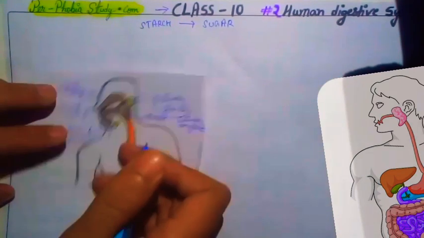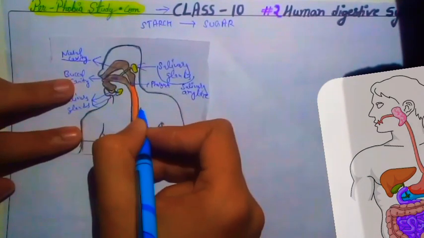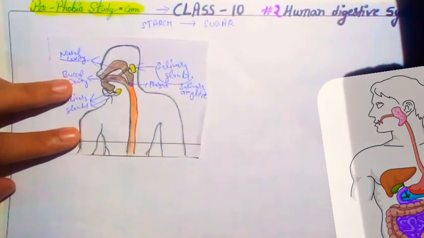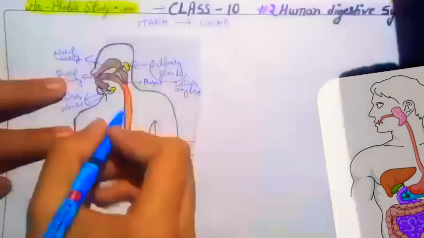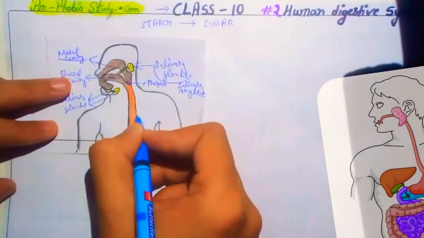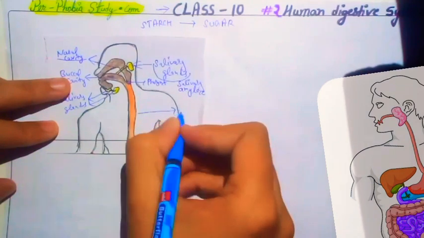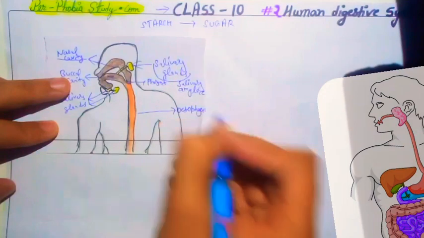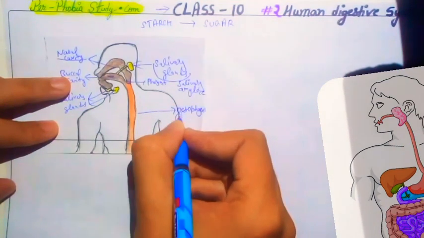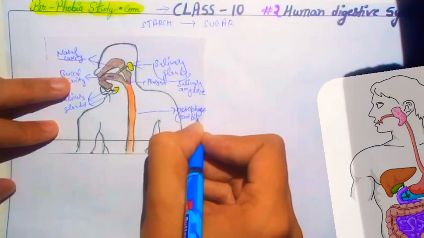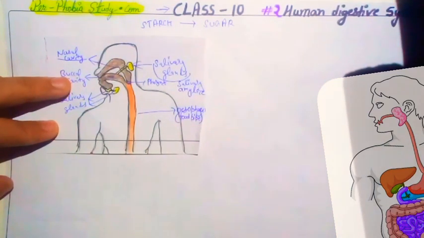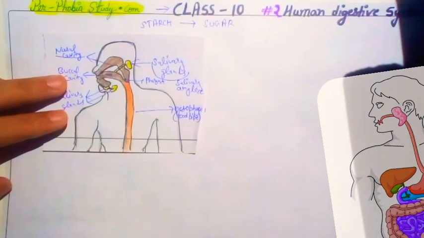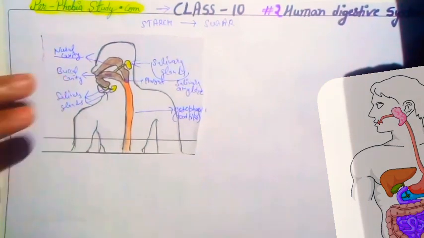Then this food reaches our esophagus, also called the food pipe. This food pipe does peristaltic movements.